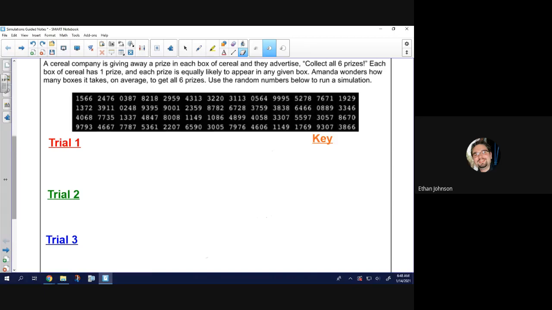Amanda wonders how many boxes it takes on average to get all 6 prizes. So we're going to use the random numbers below to run a simulation. For this one, let's just do 3. However, we need to know what numbers represent what. So we need our key.